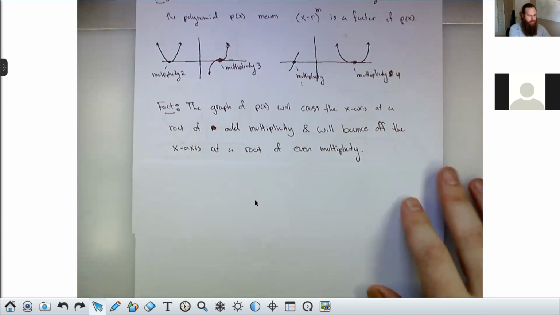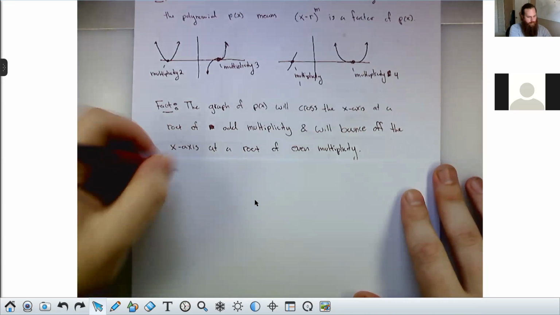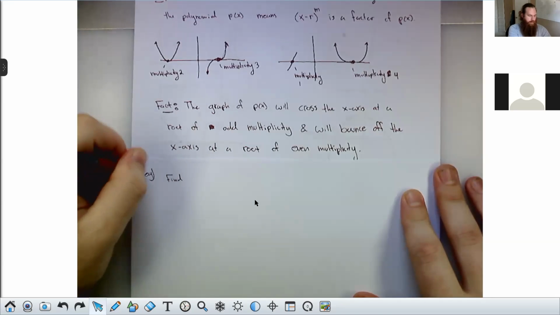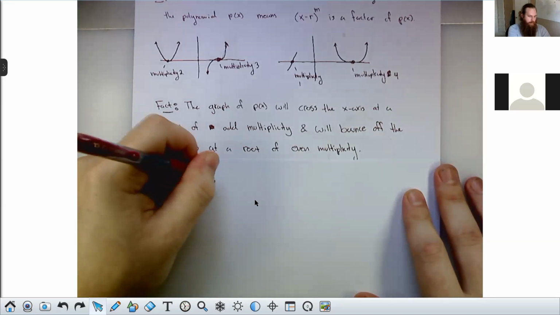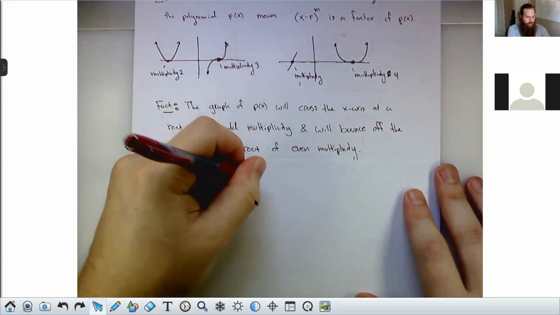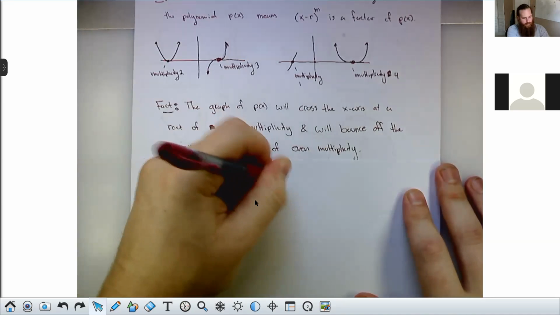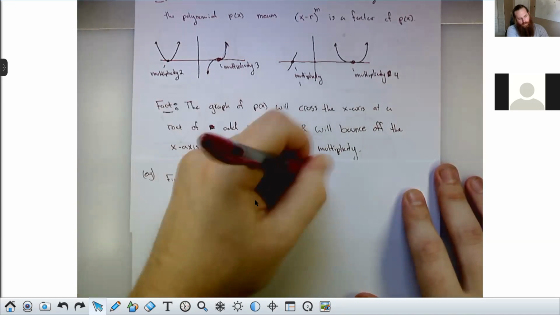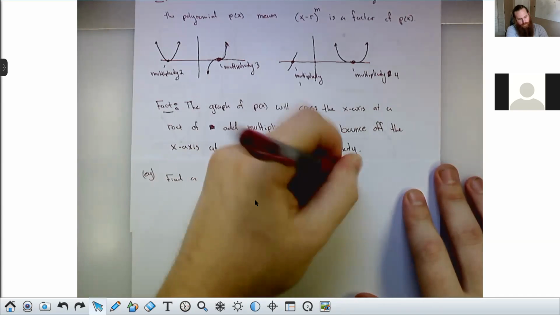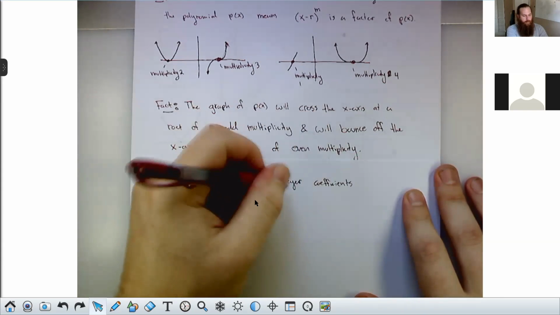Can we find a polynomial with integer coefficients? Remember, integer means whole number.